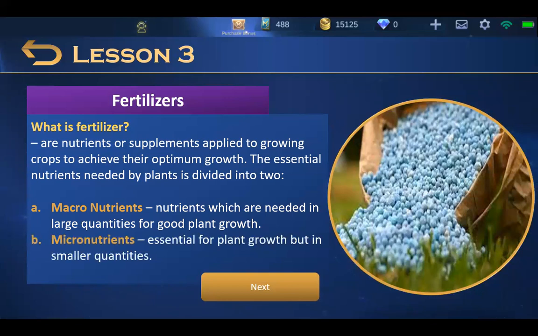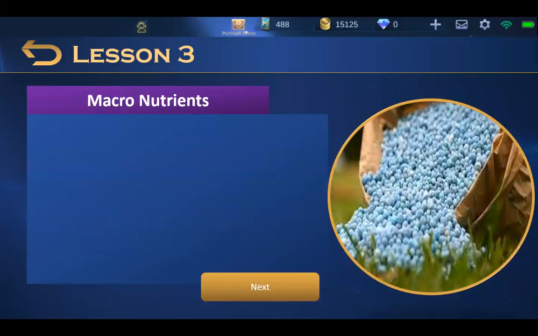Then we have micronutrients, which are essential nutrients for plant growth but in smaller quantities. First, we have macronutrients. Our macronutrients, or the major nutrients needed by the plants, are nitrogen, phosphorus, and potassium.